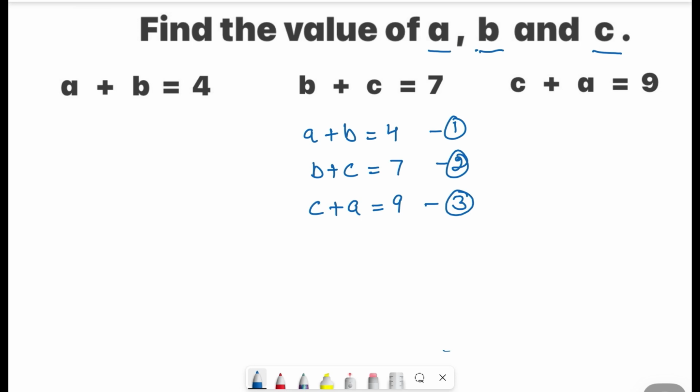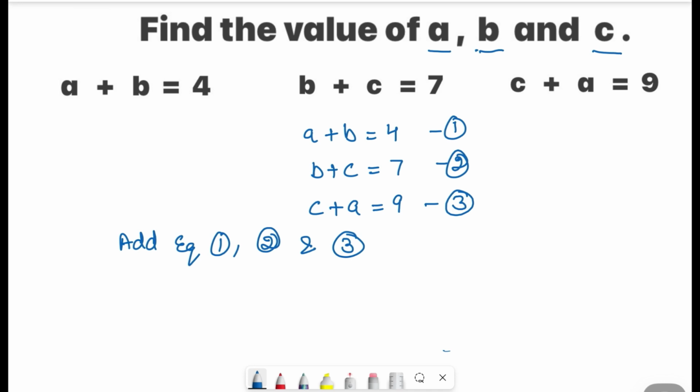A smart way to start is adding all the three equations together. So we will write here add equation 1, equation 2 and equation 3.